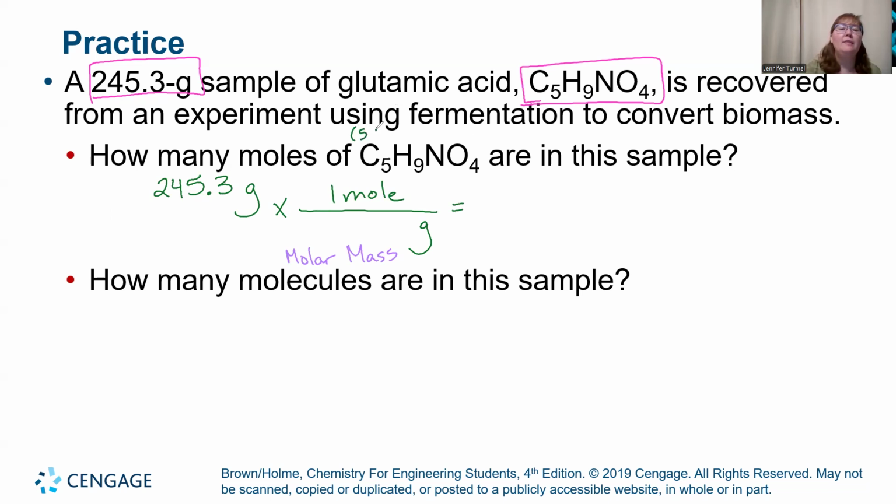And this would be 5 times 12.011 for the carbon plus 9 hydrogens. So 9 times 1.008 plus 1 nitrogen, 14.007, and plus 4 oxygens. Okay. And when we calculate that through, we'll get 147.13 grams per mole. So even if they don't specifically say find the molar mass, you're going to need to find it anyway.